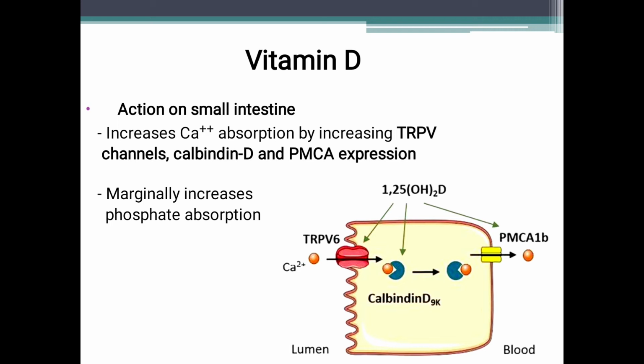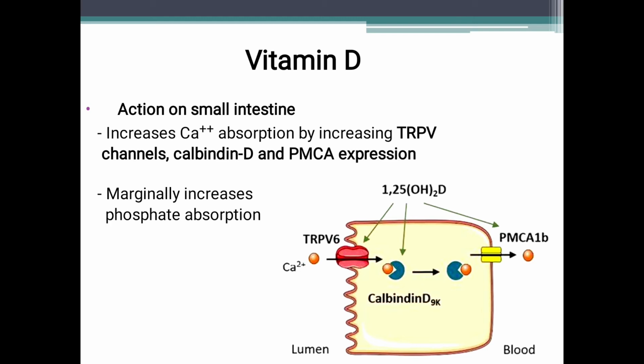So what are these things? What is this TRPV channel? TRPV is transient receptor potential vanilloid type channels, calbindin D is a calcium binding protein, and PMCA is plasma membrane calcium ATPase. The TRPV channels are calcium channels.